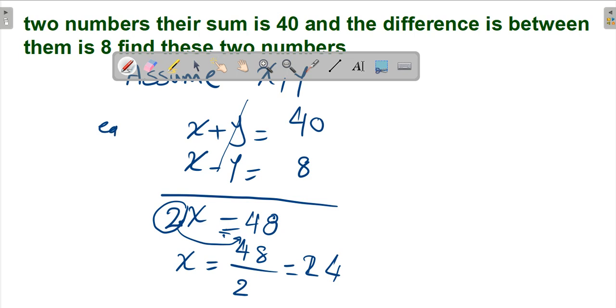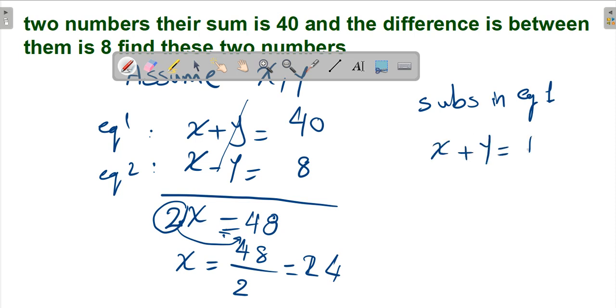Let's say this equation 1, equation 2. Substitute in equation 1. X plus y equal 40. 24 plus y equal 40. There is no sign before 24, that means it is positive.